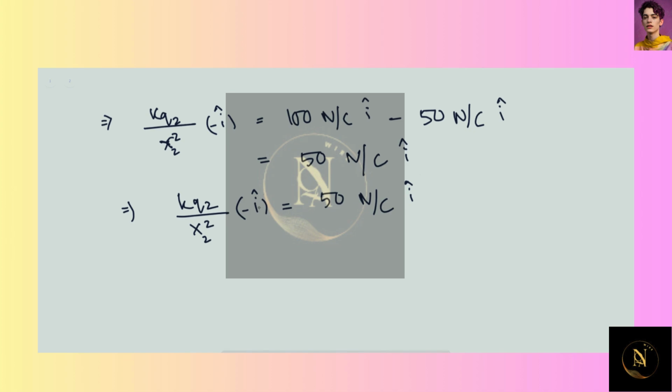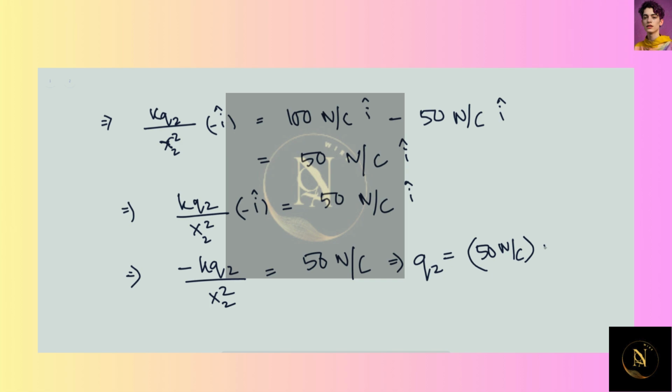So now we can cancel out the directions, and that will give us negative kQ2 over x2 square. Remember, there is a negative sign here, so we need to include this and just cancel the positive part. So that is equal to 50 Newton per Coulomb. And from here we can find Q2, which will be equal to 50 Newton per Coulomb times x2 square over negative k.